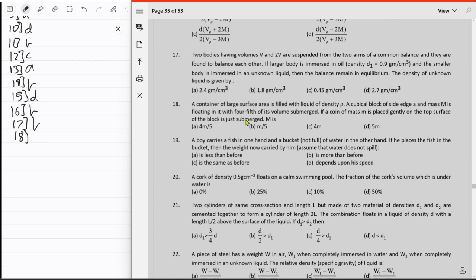18th: a container of large surface area is filled with liquid of density rho. A cubical block of edge A and mass M is floating in it with 4/5 of its volume submerged.